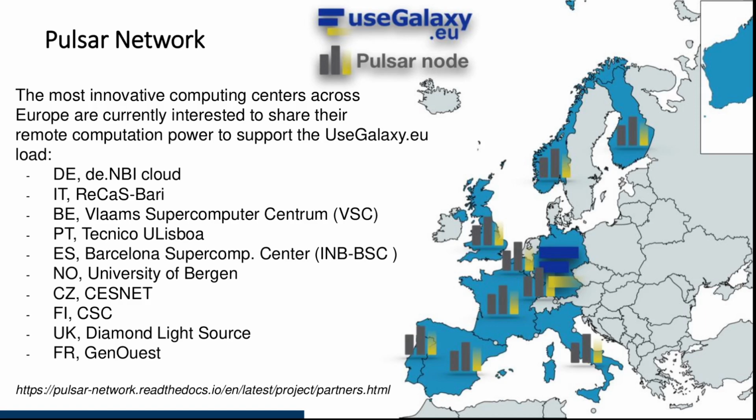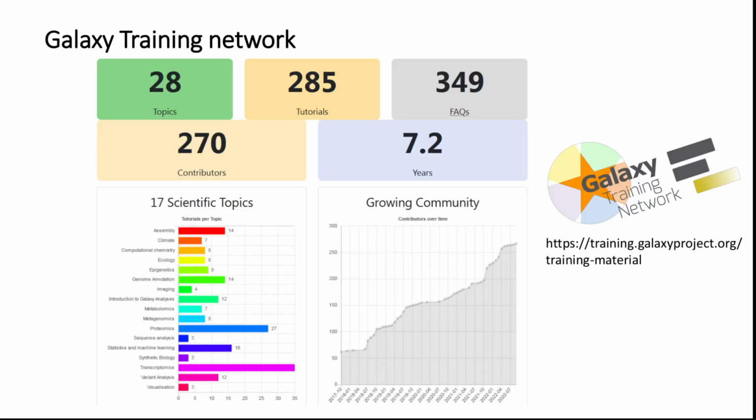What's happening behind the European Galaxy server is that there's a Pulsar Network, which allows different computing centers across Europe and even the world to share their public resources with the European Galaxy server. So all these different computers or clouds are connected and are available for the jobs running on the European Galaxy server.